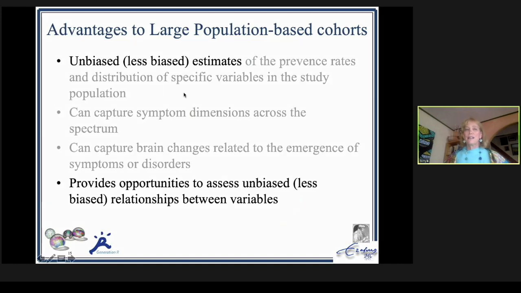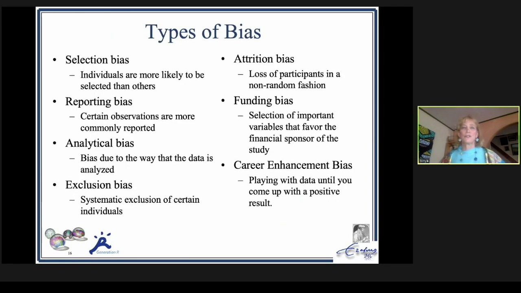So you'll see here that bias shows up a fair amount, and I'm going to talk about the different types of bias that are present. You can have a selection bias, in which individuals are more likely to be selected than others based on certain traits.